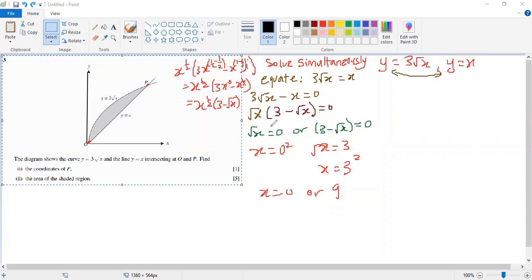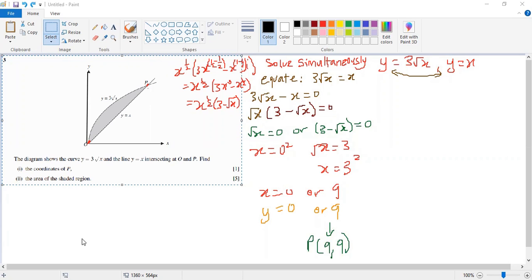So x is 0 or 9 means now we just substitute back for the value of y. Use the easier one, y equals x. So y is 0 or 9. That means now we found the two coordinates. The coordinates of P is the one that's bigger than 0, so definitely we must choose 9, 9. X and y are both 9.